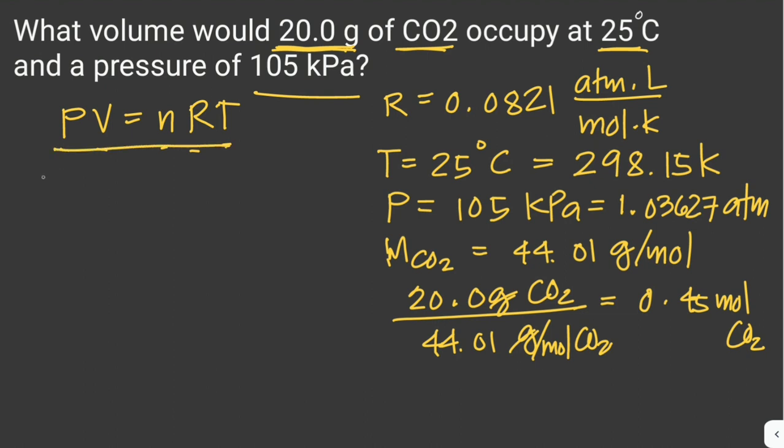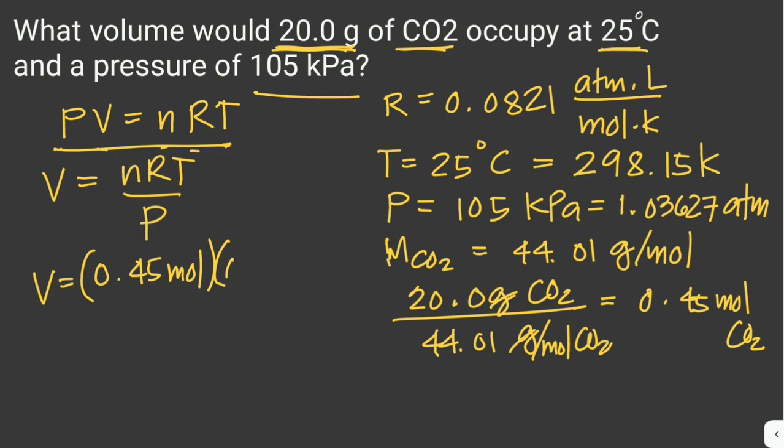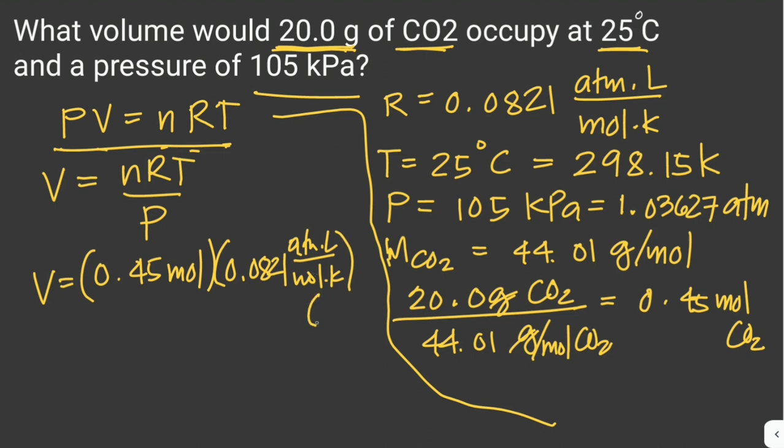To find our volume, V is equal to nRT over P. So V is equal to the number of moles, which is 0.45 mole, times our ideal gas constant, 0.0821 atm liter per mole Kelvin, times our temperature, which is 298.15 Kelvin, divided by our pressure, which is 1.03627 atm.